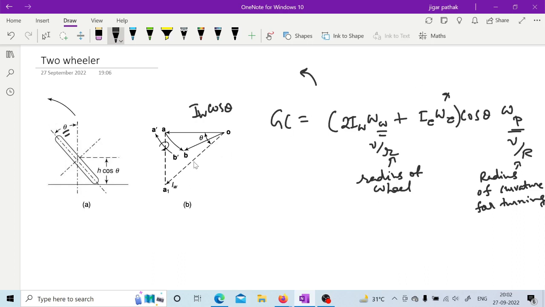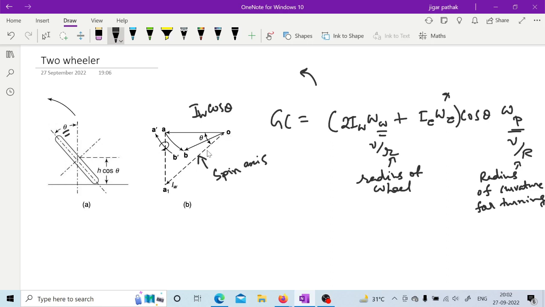Yes. As you can see here, this particular spin axis is actually this dashed one. It is going to change its direction, because you are tilting your vehicle. Here you can see in the figure.